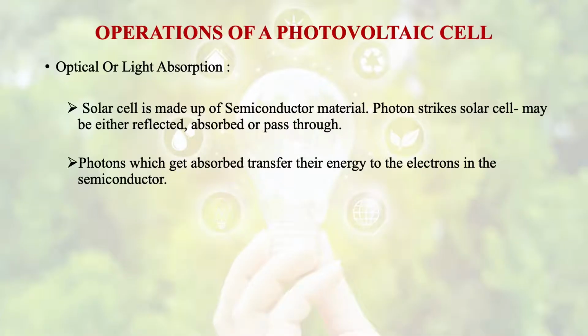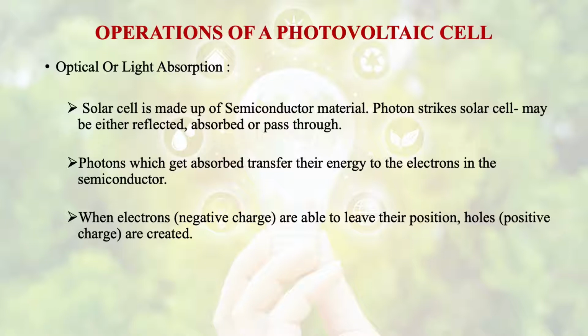Photons which get absorbed transfer their energy to the electrons in the semiconductor. When electrons, or negative charge particles, are able to leave their position, then holes are created. Whenever an electron leaves its place, holes are created there. So charge separation, what is this? After the absorption of the photon, the charge separation takes place.